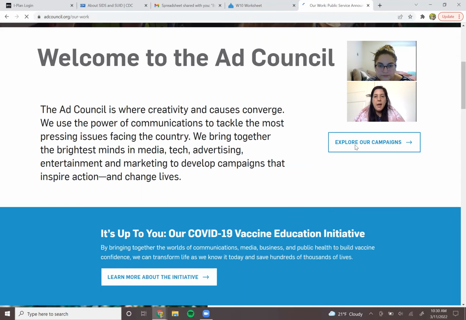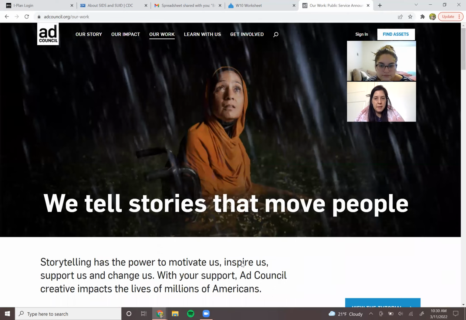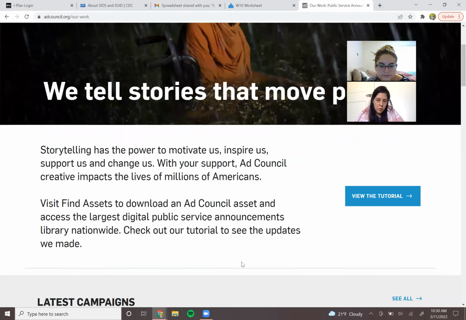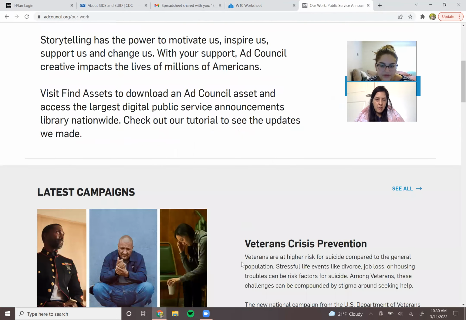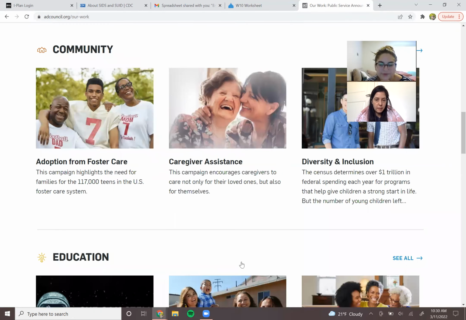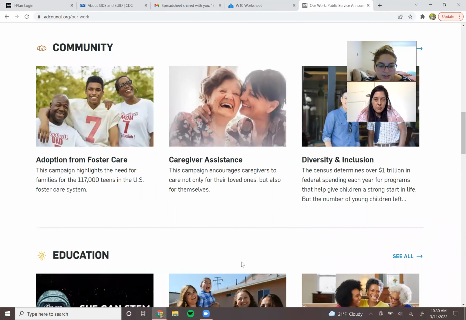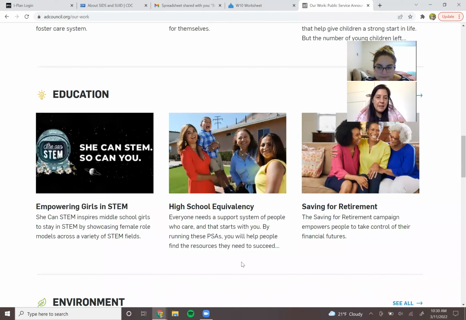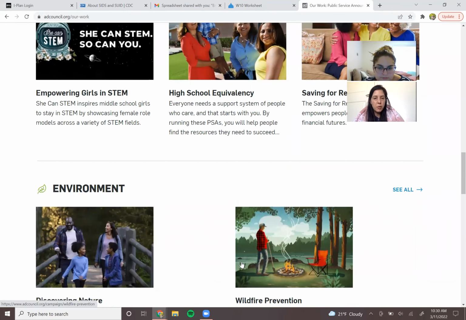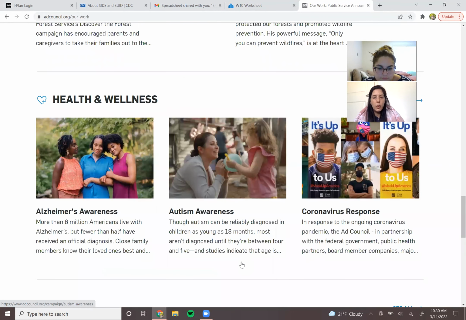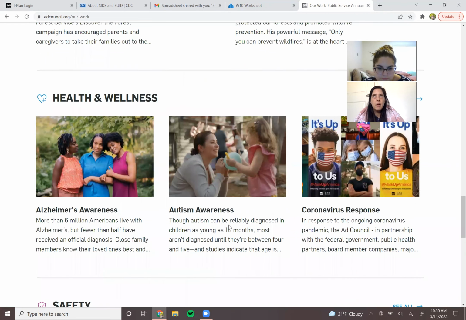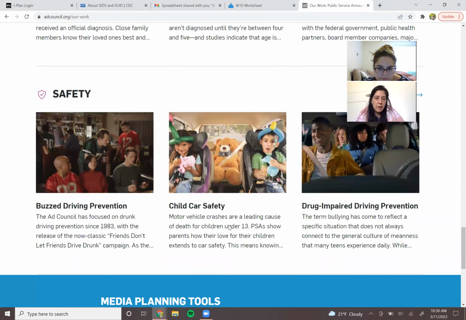There we have plenty of examples, so you can choose one. And then we just have to identify the seven. We have to identify one that's a video, another one that's a printed one, and another one that's a radio one.